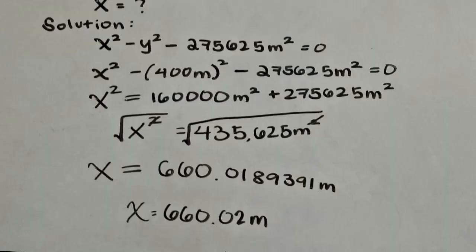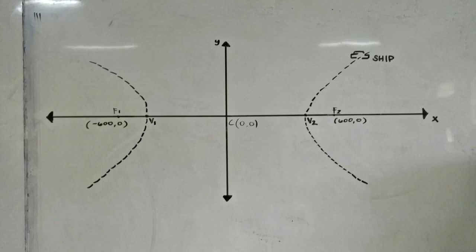You will come up with x squared equals (400 meters) squared plus 275,625 meters squared, which is 160,000 meters squared plus 275,625 meters squared, and it is transposed, so they have a plus sign. Since x is squared, we can take the square root of both sides and we'll have an answer. X is equal to 660.2 meters and it is the coordinate. The graph will look like this at problem C.